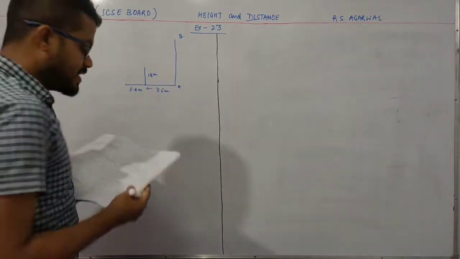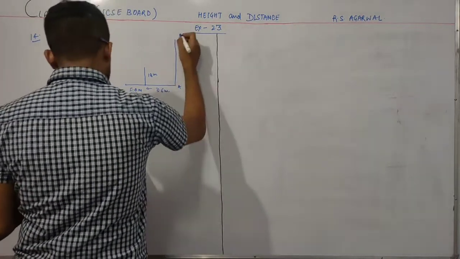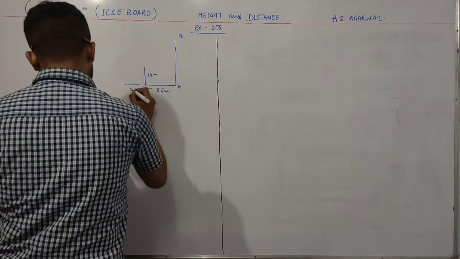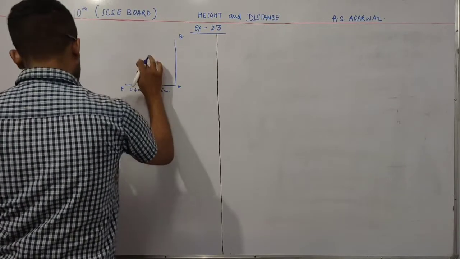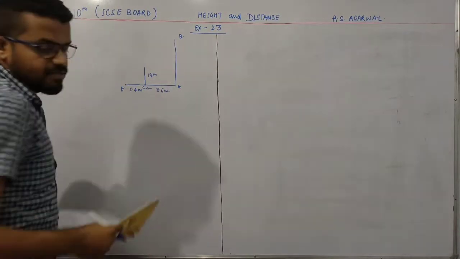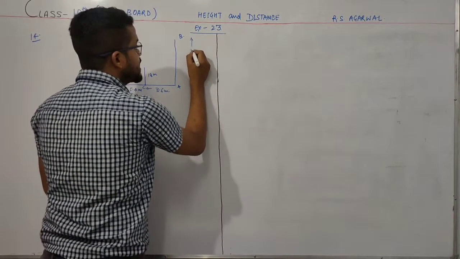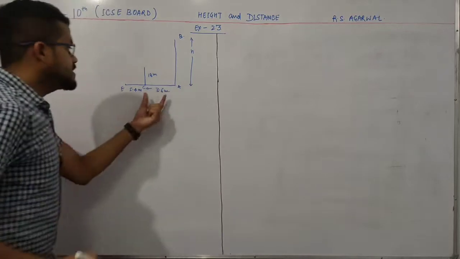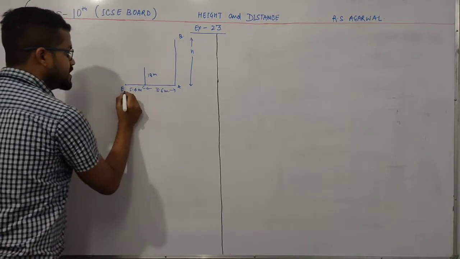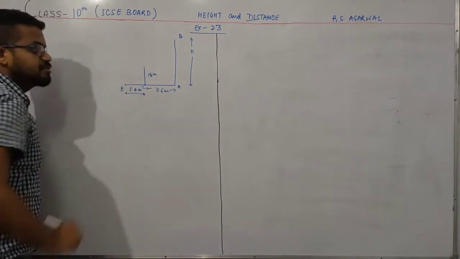We have to find the height of the lamp post. This is A, B, this is C, this is E, this is B, this is F. This distance is given 3.6 meter and this is 5.4 meter.